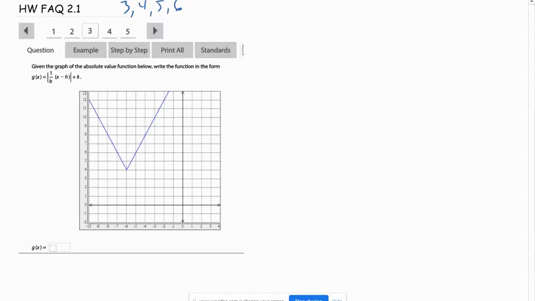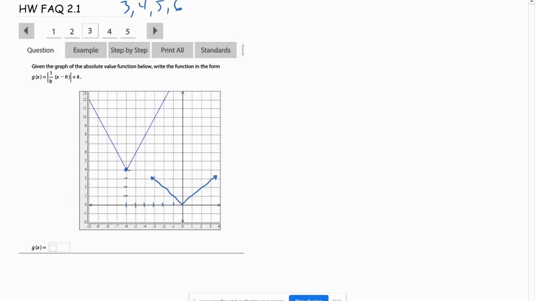Now, we see that the vertex has moved normally, so our parent graph is the absolute value function. And so this vertex has been shifted 1, 2, 3, 4, 5, 6 to the left and up 1, 2, 3, 4.